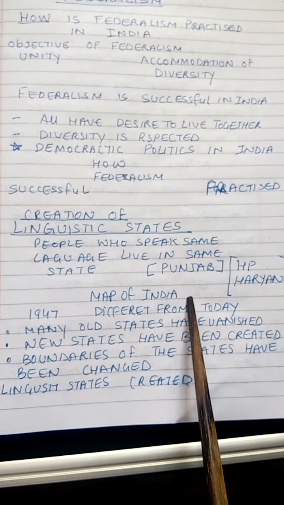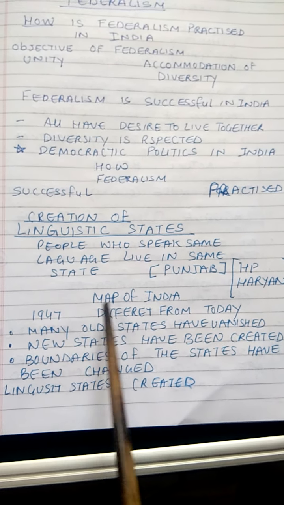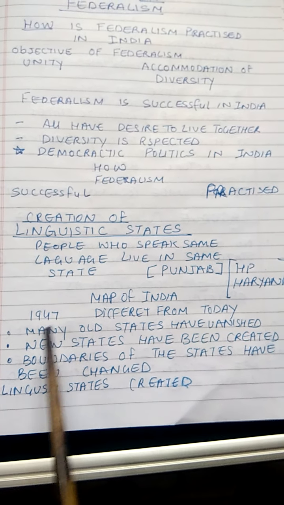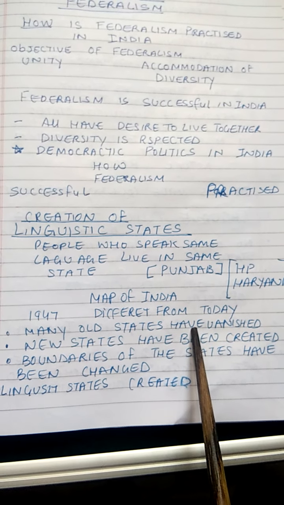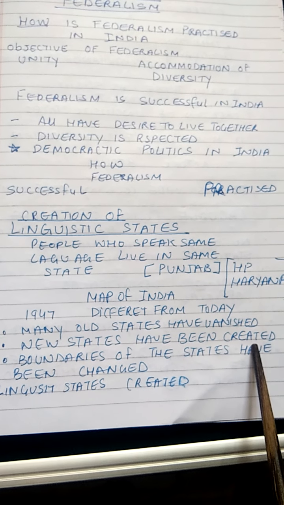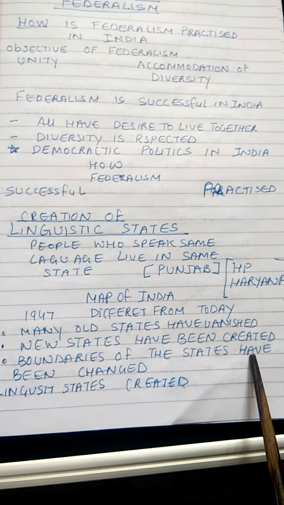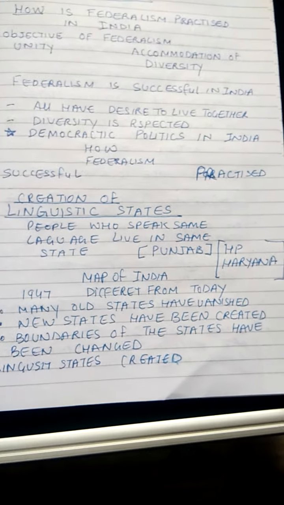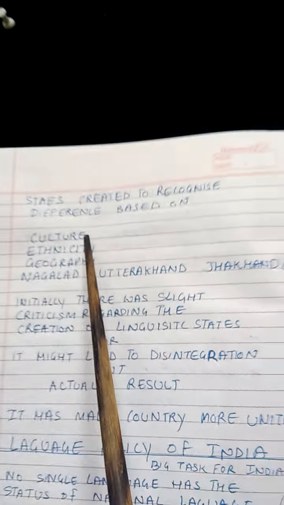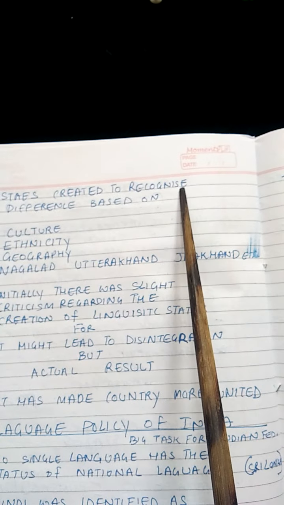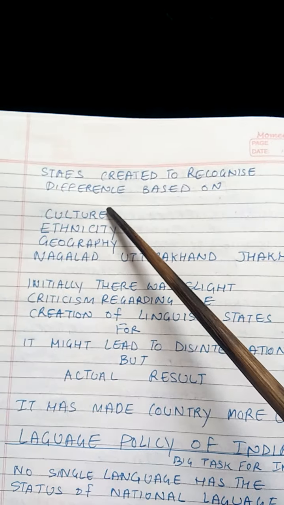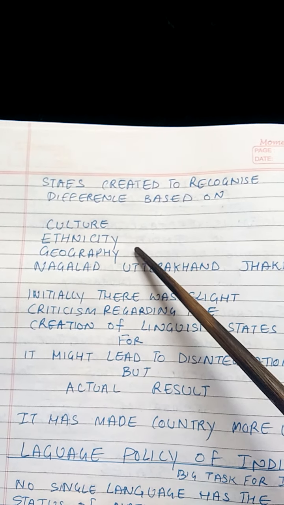Now, if you see the map of India in 1947, you will find that it is so different from today's map. Why? Because many old states have vanished, new states have been created, boundaries of the states have been changed. And in India, linguistic states were created, and at the same time, states were created to recognize differences based on culture, ethnicity, geography.